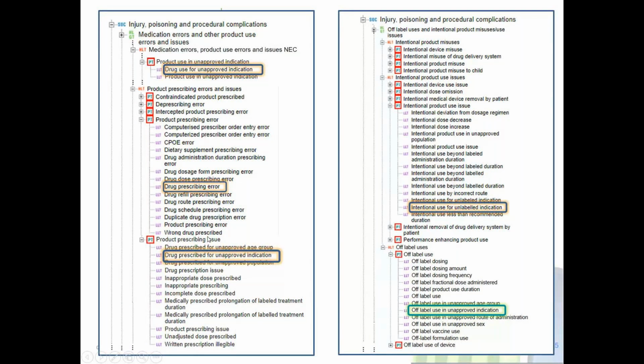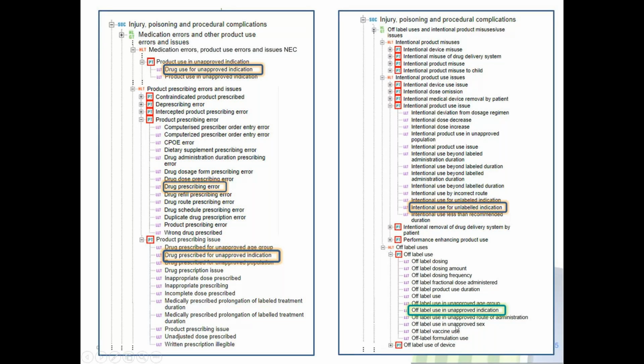We know it was an intentional decision for medical purposes by the doctor, so product prescribing issue would be much too vague. Intentional use for unlabeled indication would also be too vague because this is just an intentional deviation, but it could also be caused by, or decided to by a patient.